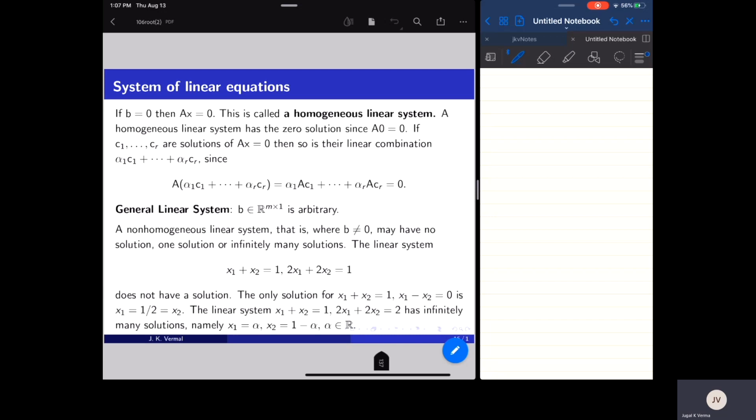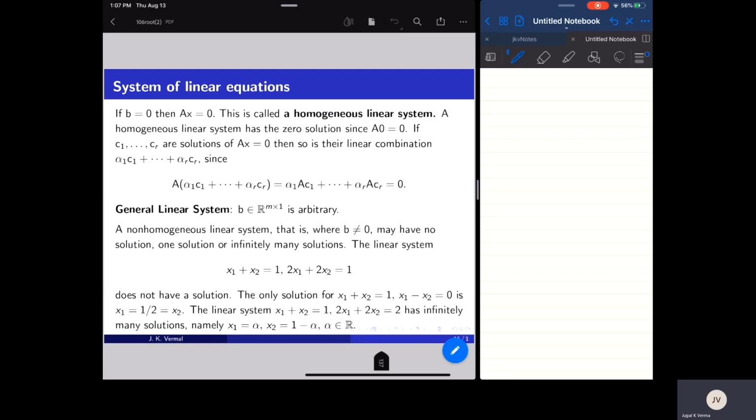Now we can write down the general solution of x1 plus x2 equal to 1 and 2x1 plus 2x2 equal to 2 in terms of real numbers. These two equations have infinitely many solutions because geometrically these are exactly the same line. The two lines coincide, so we expect infinitely many solutions, and we can write them down by substituting an arbitrary value x1 equal to alpha, and then x2 becomes 1 minus alpha.